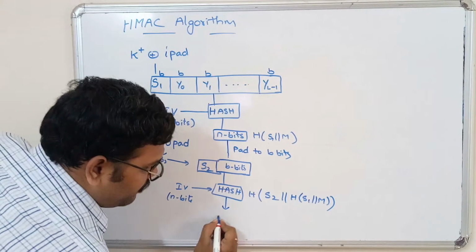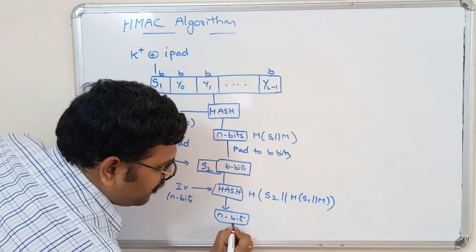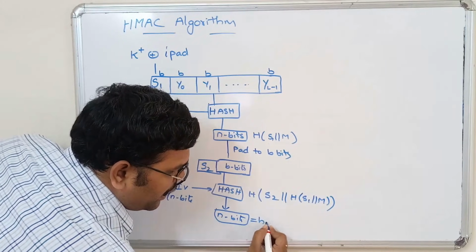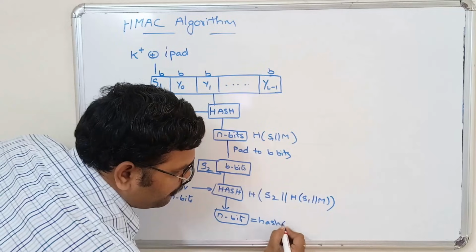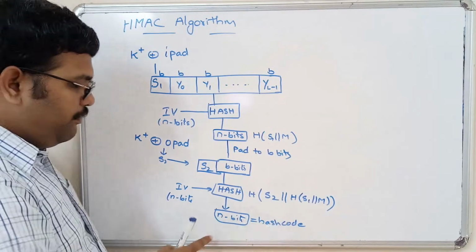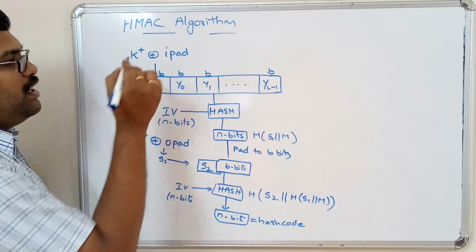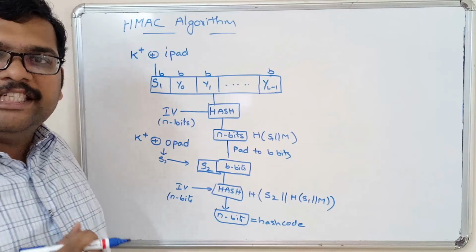So from this we will get n bits output, which is called hash code. So this is a hash code, this is the output of HMAC algorithm. So this is the process actually done in the HMAC algorithm.